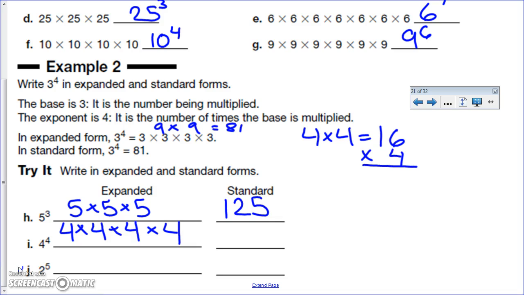Then we're going to multiply it by 4 again, which gets us 64. And then we're going to multiply one more time by 4 because we have to use all 4 of the 4s. So 4 to the 4th, or 4 times 4 times 4 times 4, is 256.